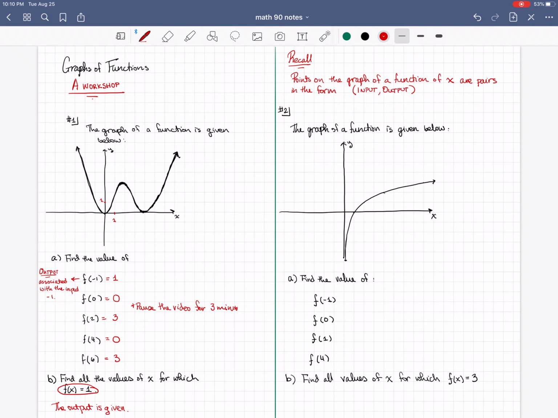All right, let's see what we have. So the output here is given, which means we know the y-coordinate. So we want the output to be 1. So there it is. And what I'm going to do is I'm going to look side to side at the points on this graph, and I'm going to see, hey, there are 4 points on this graph whose y-coordinate is 1.